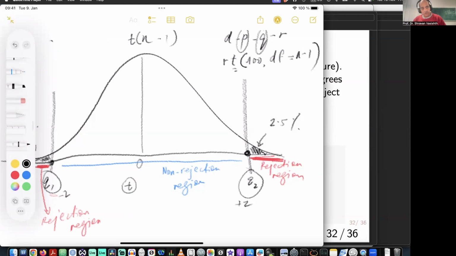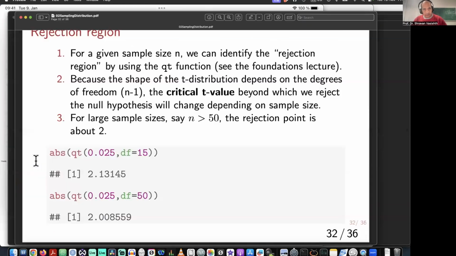So that's what I'm computing here. I'm trying to find out what is the quantile such that 2.5% of the area under the curve is to the left of it, right? In a situation where I have 16 data points. N minus 1 is 15, therefore I have 16 data points, right?